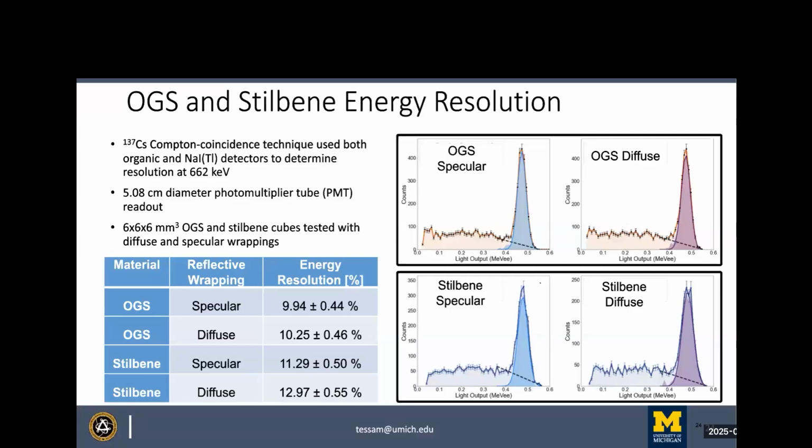We had a couple of different cubes in a specific setup. I won't bore you with the details on that, but specular reflection, active wrapping, as opposed to diffuse, does improve the energy resolution a little bit. And our OGS is actually better than Stilbene.